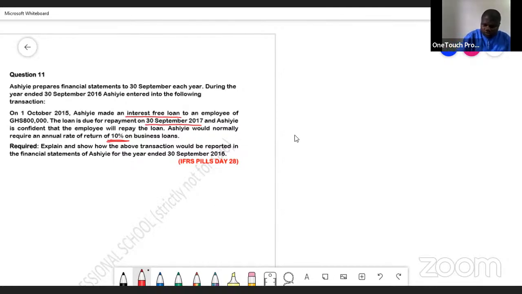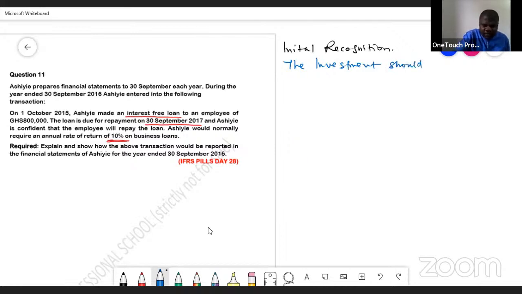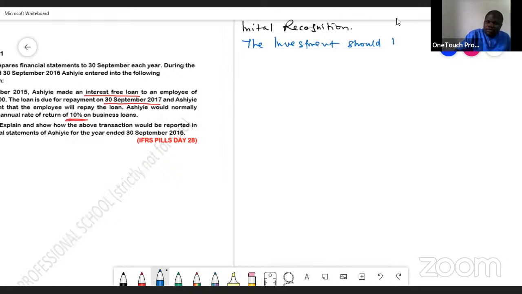So, initial recognition. The investment should be measured at fair value.